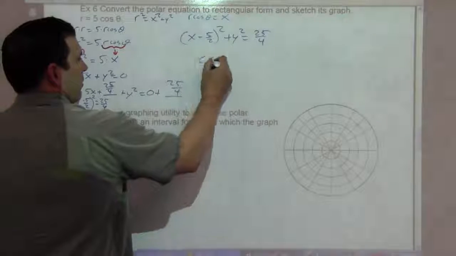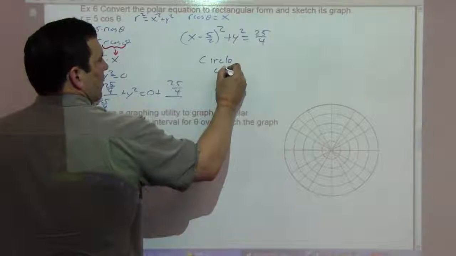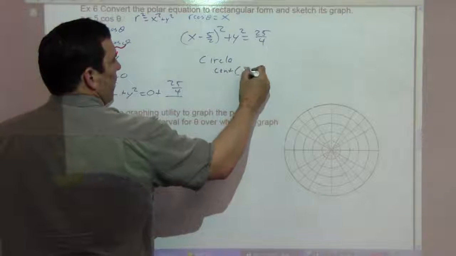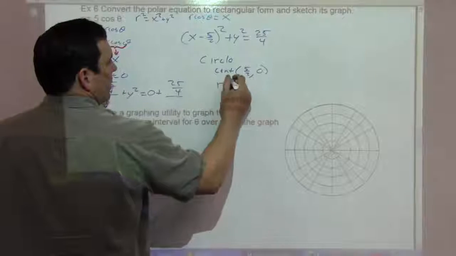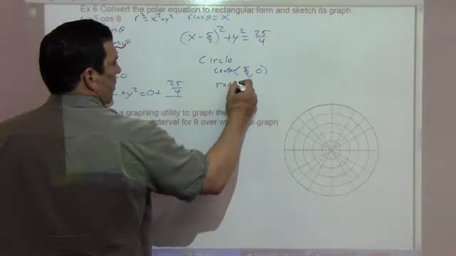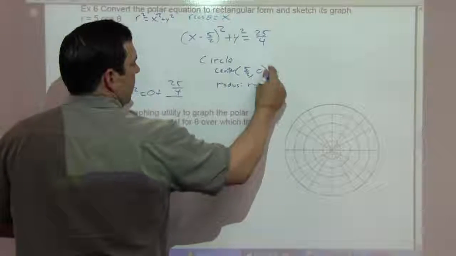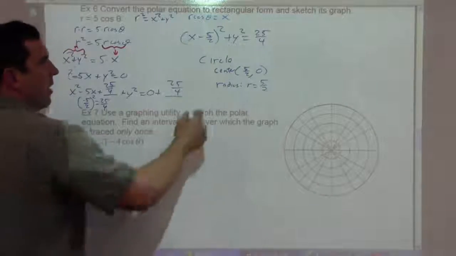So this is a circle with the center at (5/2, 0) and the radius is r equals 5/2, because the square root of 25/4 is 5/2.